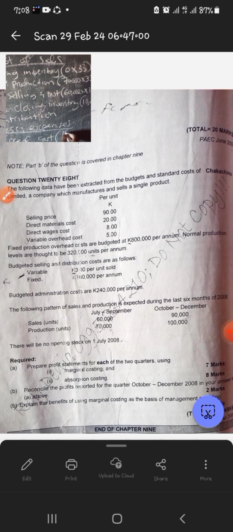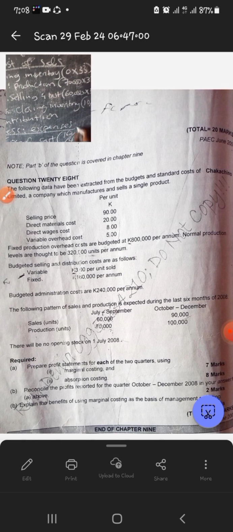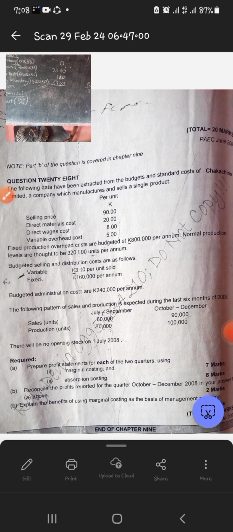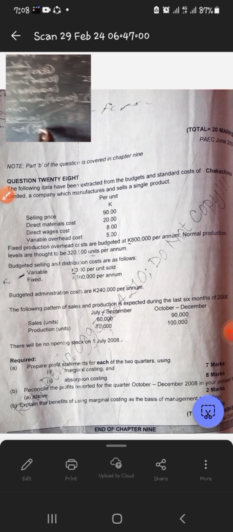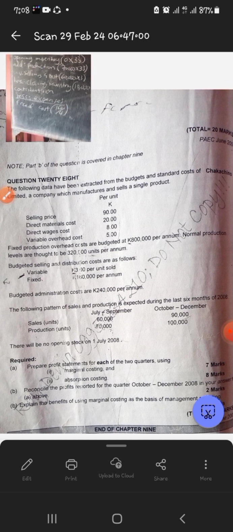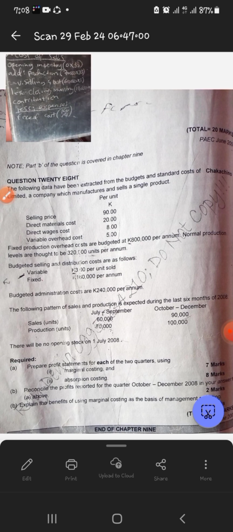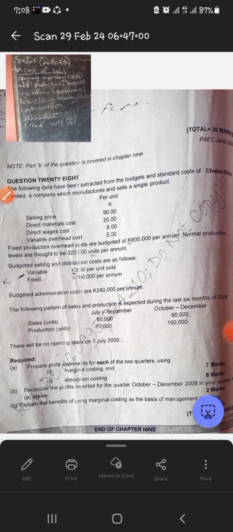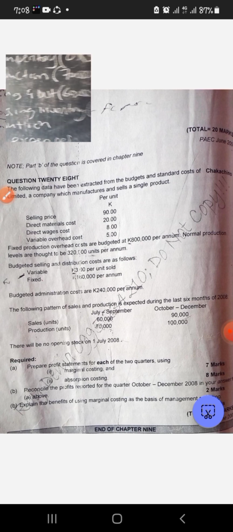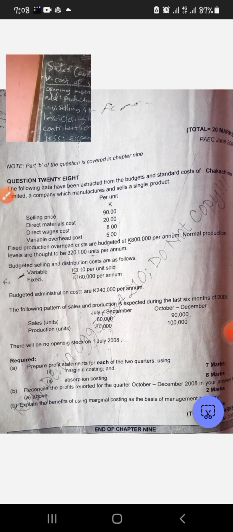So 160 divided by 4 is going to be 40 here.